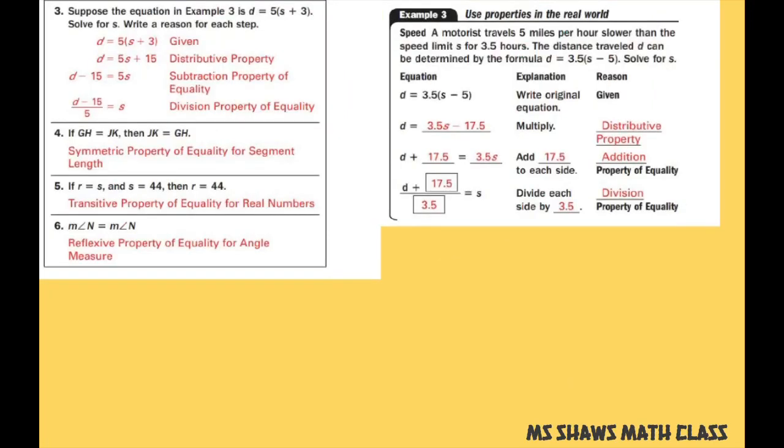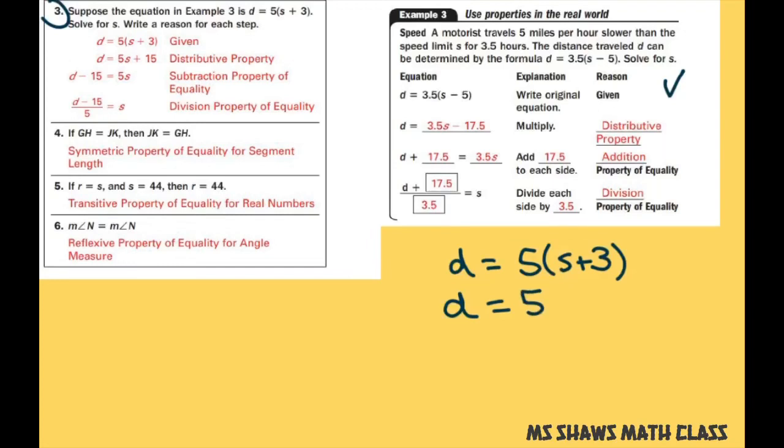All right, and this one's already written out for you, so we're going to leave this written out. But we're going to look at number 3. It says, suppose the equation in example 3 is D equals 5 times S plus 3. So solve for S. What I'm going to do is distribute.